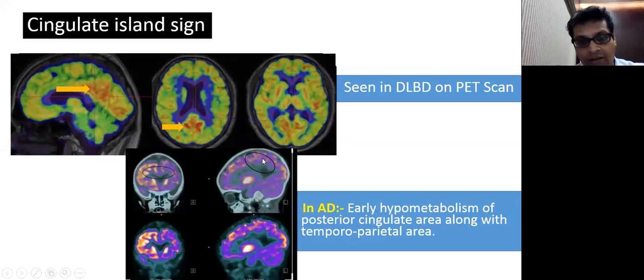While in Alzheimer, the earliest part of the brain which undergoes hypometabolism is the posterior cingulate gyrus along with the medial temporal lobe. Common finding on PET scan in Alzheimer patient is hypometabolism of the temporoparietal area along with the posterior cingulate area. Later on, the frontal lobe is involved. Very last to get involved is the occipital lobe. While in DLBD, you get very early involvement of the occipital lobe. So please remember cingulate island sign on PET scan. It is for DLBD.